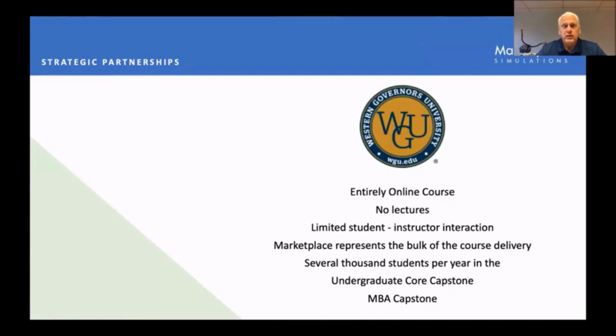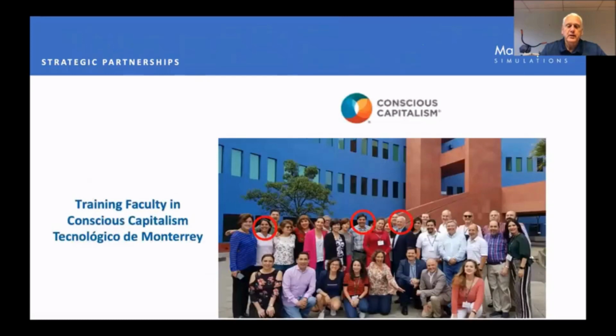What's really quite unique, but typical for Western Governors University, is that it involves very little instructor involvement or evaluation. Everything is pretty much automated, and we're looking at several thousand students a year. So if you are interested in that level of activity in online learning and using LMS, that's also something that we have a lot of expertise in.